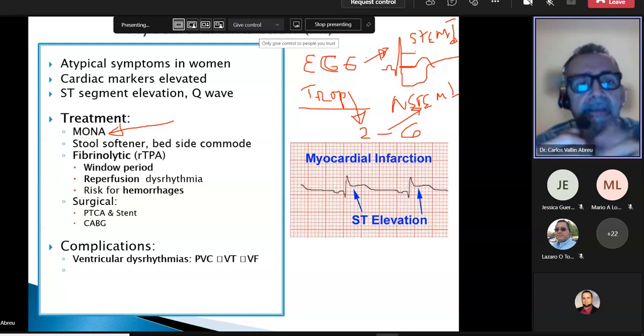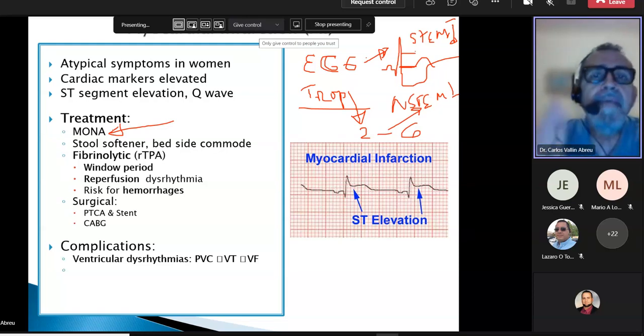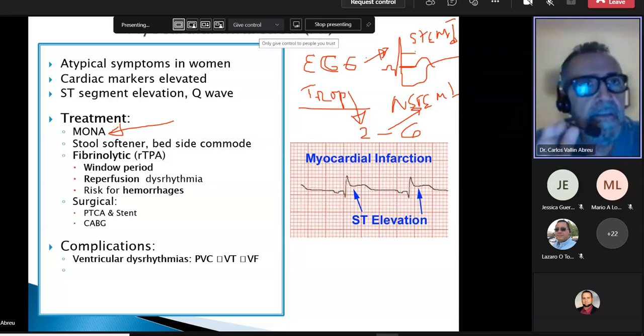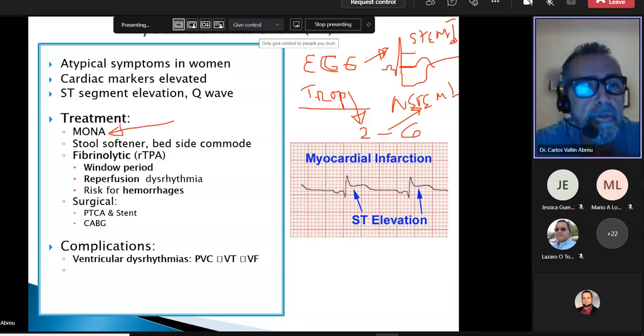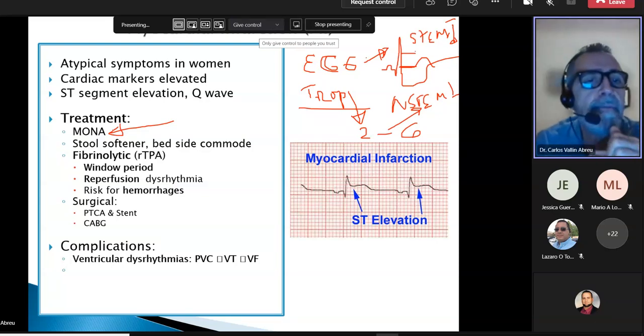When a person is having a myocardial infarction, the first medication to be administered is the nitroglycerin. The nitroglycerin is administered at 5 minute intervals, and in this interval, a second medication should be administered with priority. A medication that has demonstrated decrease of mortality in myocardial infarction, which is aspirin.